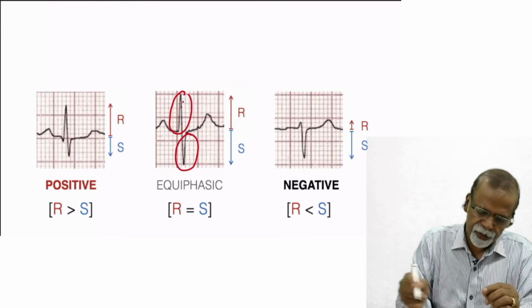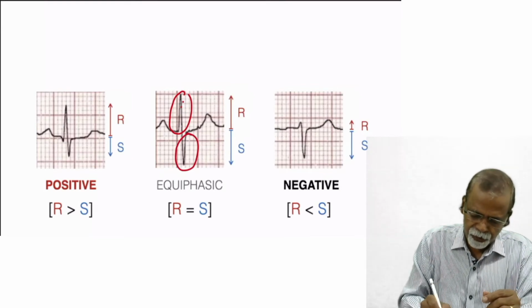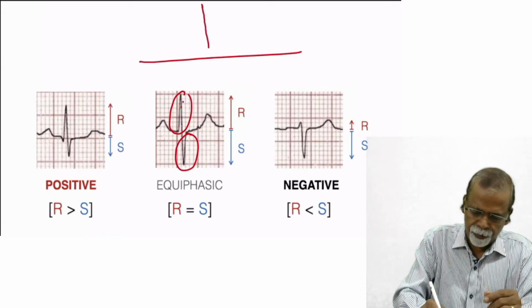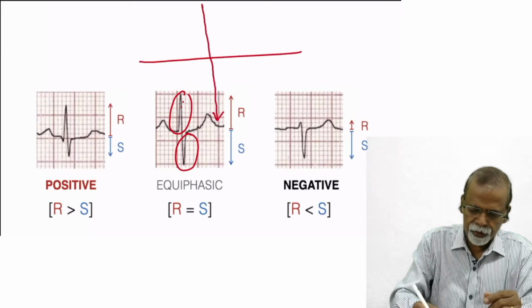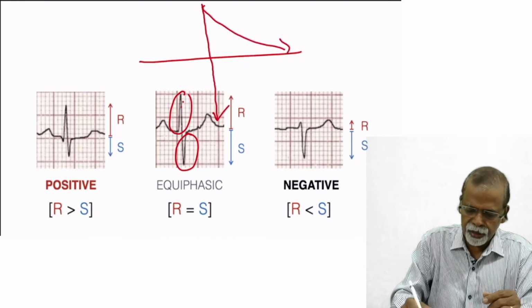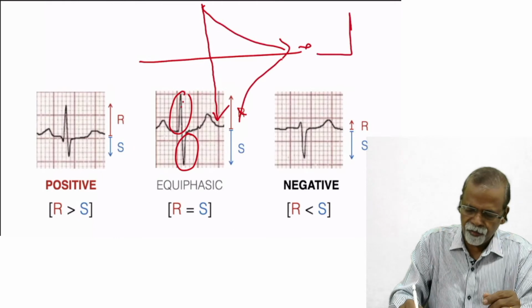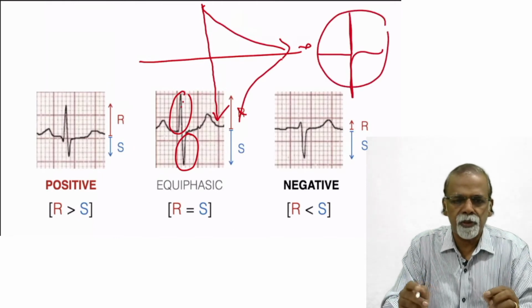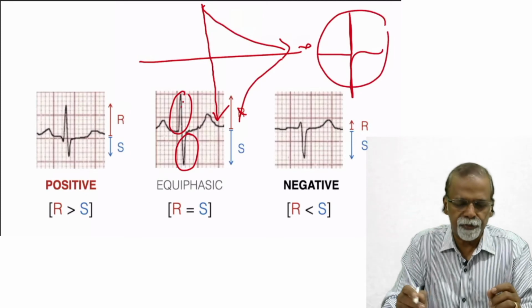So suppose this is lead 1, the current is going perpendicular to that lead. The initial part is towards lead 1 and the later part is away, so you get a deflection like this. I think you understood the concept of the equiphasic deflection.